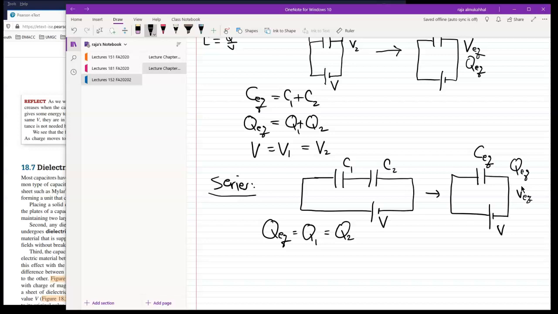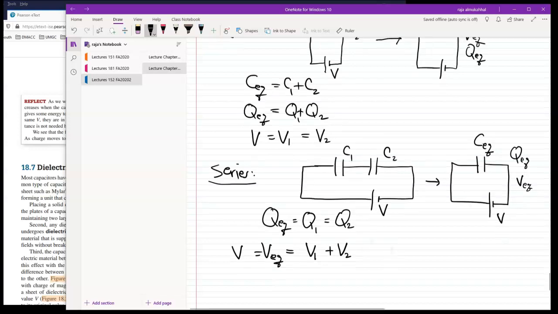However, the voltages are not equal like in the parallel combination. They actually add up. If I add up the voltage across capacitor 1 plus the voltage across capacitor 2, I will get the voltage across the battery.